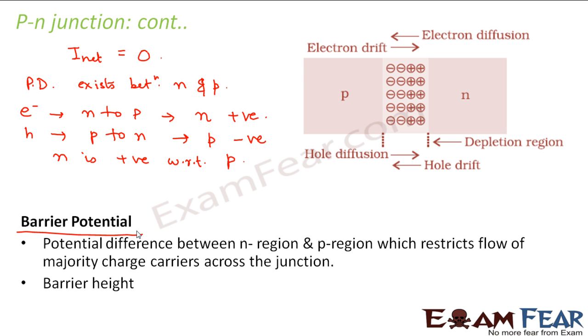Barrier potential is also sometimes known as barrier height, right? So whenever we talk about this depletion region, we talk about two things. One is the width of the depletion region and the other one is the barrier height. Barrier height is nothing but the potential difference between N region and P region. So these two parameters actually decide when the diffusion will stop, right?